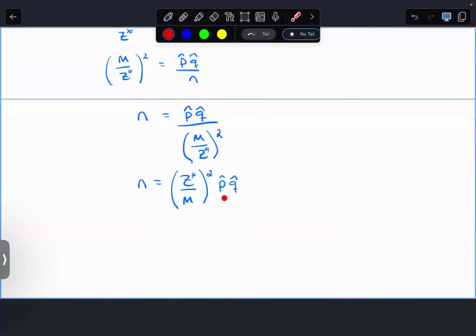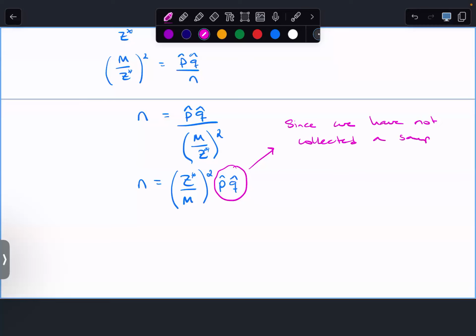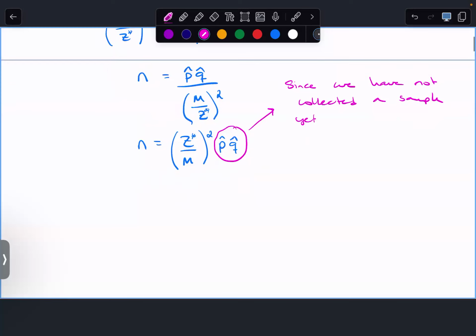So I don't have a sample proportion because I need to have a sample in order to have a sample proportion, right? And so there's going to be two different options for p hat. Since we have not collected a sample yet, we do not have a p hat, which also means therefore no q hat either.